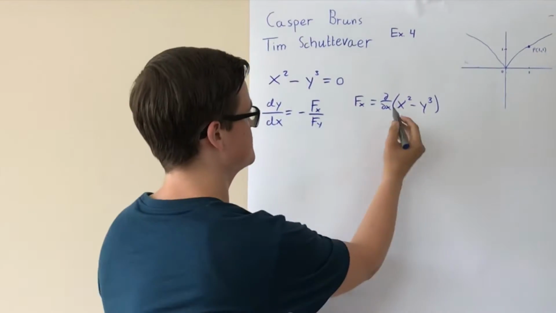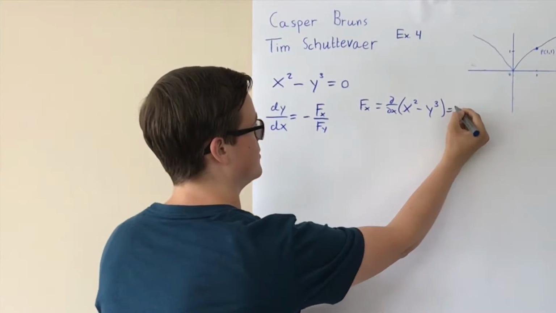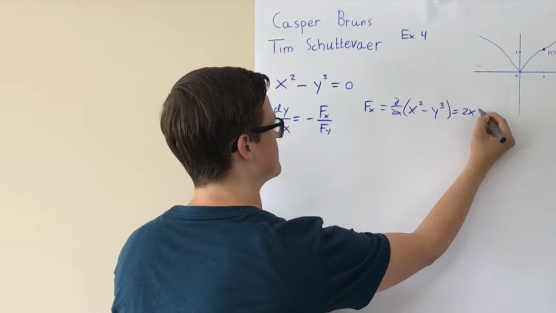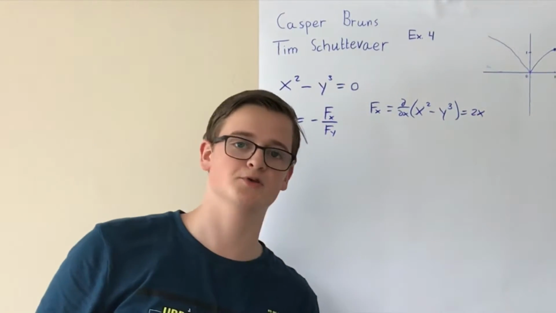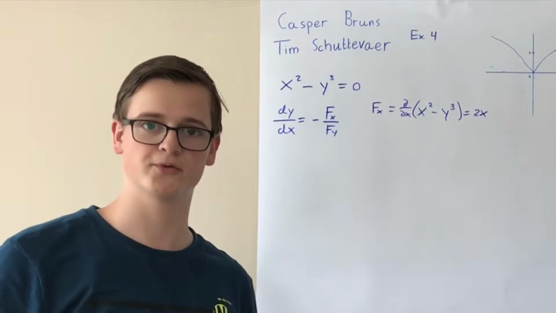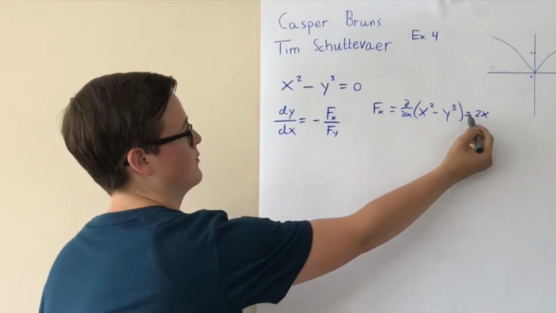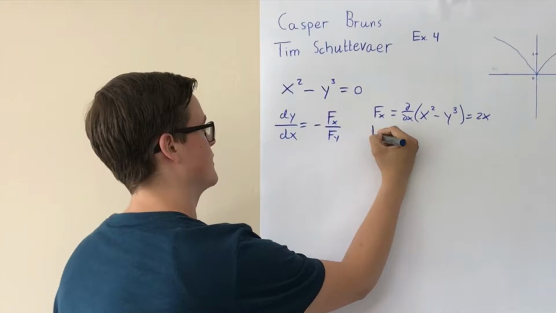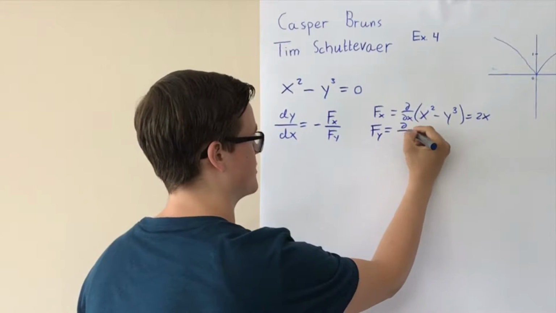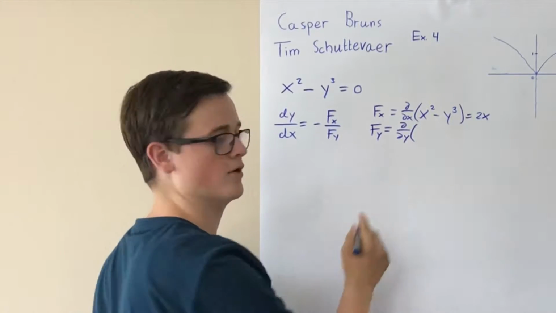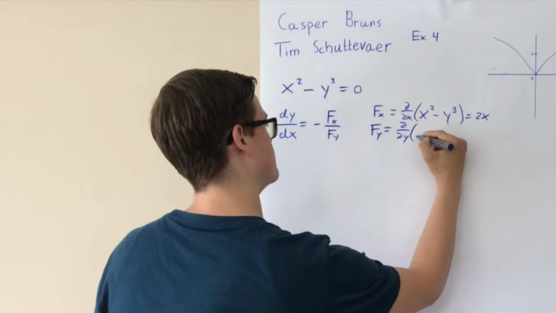So this part of the function will be derived to 2x, and because this part is seen as a constant, since we are only differentiating with respect to x, we remain with only this part.